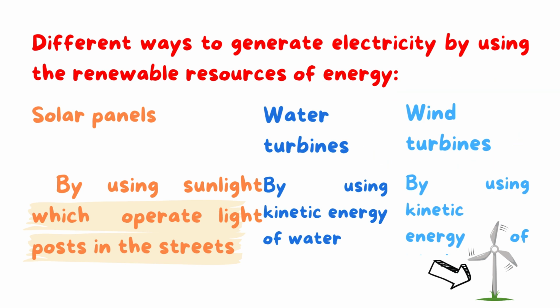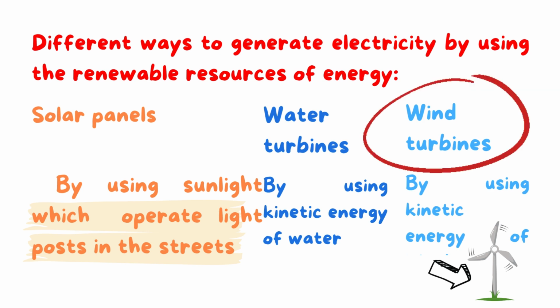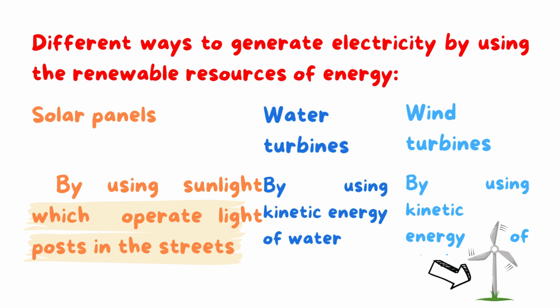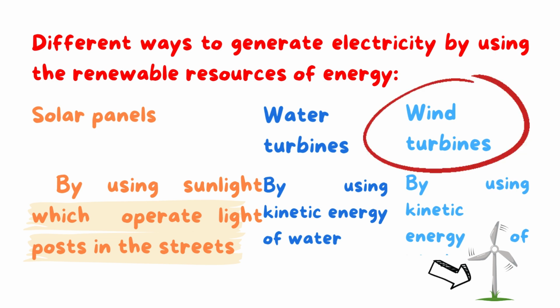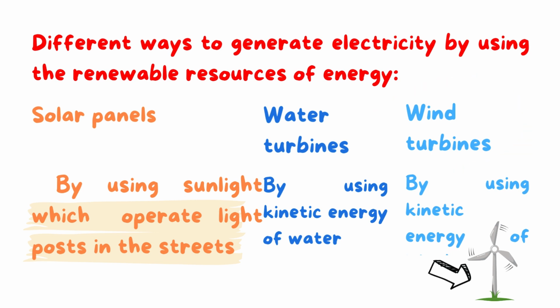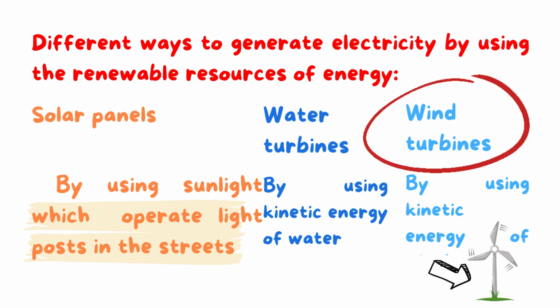As in solar panels, we said by using sunlight, which operate light posts in the streets, okay? This is an example for the electricity that produced from the solar panel used in lighting the streets. Also, we said that the water turbines by using the kinetic energy of water. And we said in wind turbines, this is by using kinetic energy of wind, okay?